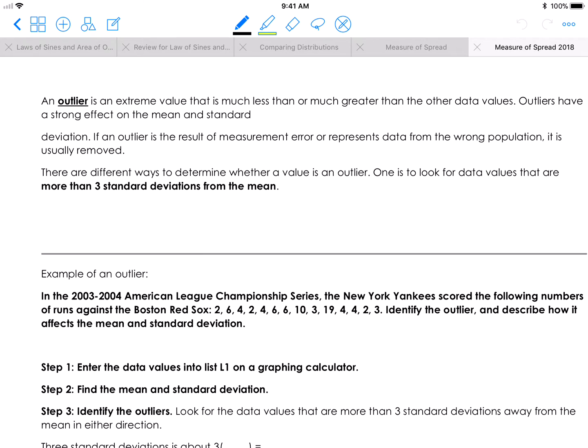Somebody messed something up. So typically they throw that out and ignore it and stick with what's more consistent.